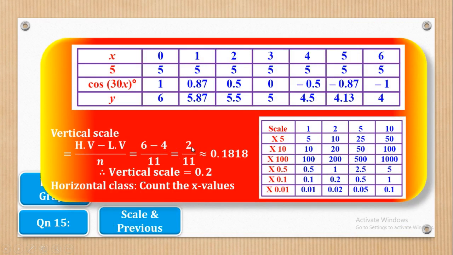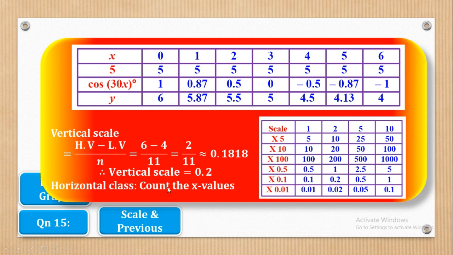This will give us 2 over 11, which approximates to 0.1818 recurring. Now, you look for where this 0.1818 lies. From 0.1, the next value will be 0.2. Therefore, our scale will be 0.2 on the vertical.